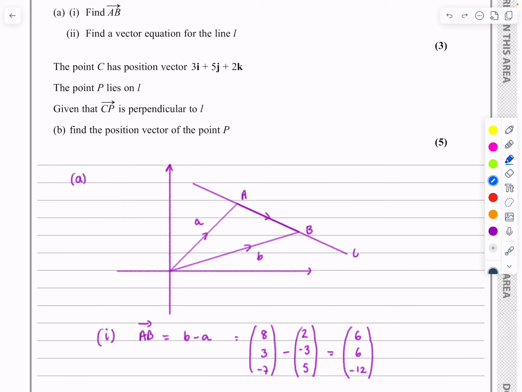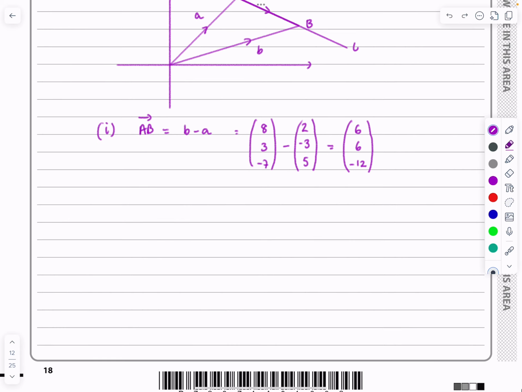How am I going to show that to the examiner? I tend to use this notation, so part 2. If I want the vector equation of a line, I say r is equal to p plus lambda q, where p is either little vector a or little vector b getting onto the line, and q is actually what we've just found, AB, the direction of the line.